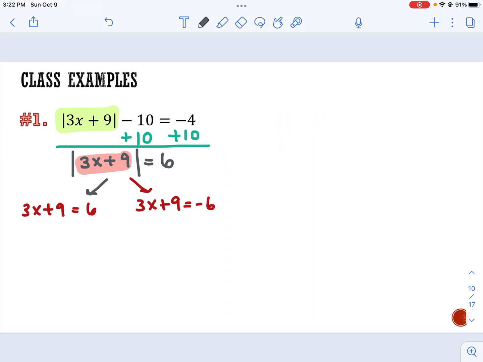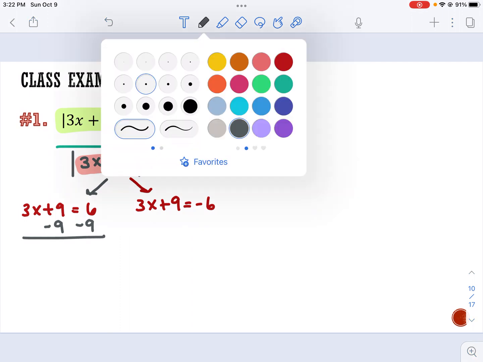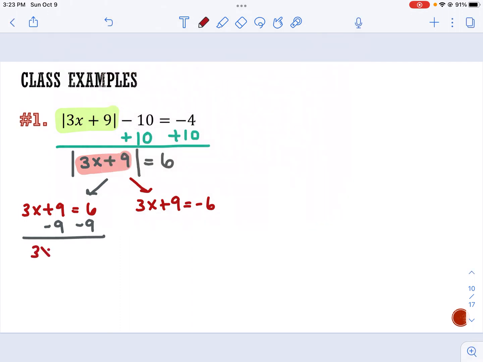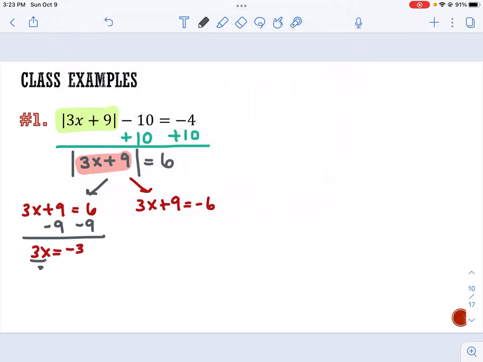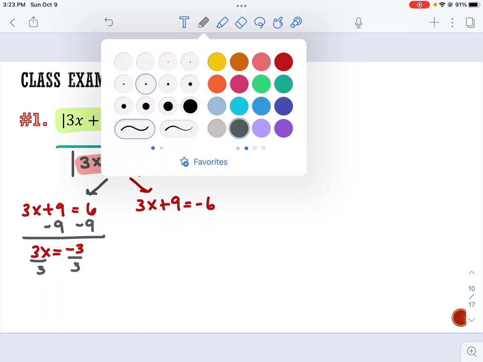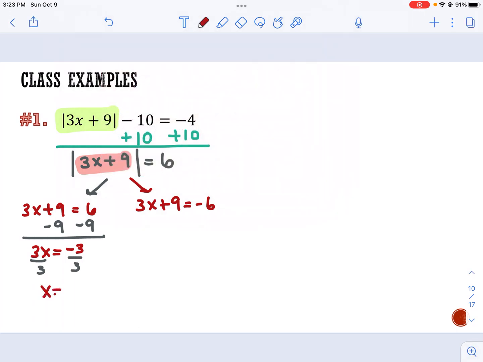Once we set up both equations, we're now going to start to solve them. On the left-hand side, 3x plus 9 equals 6. I'm going to subtract 9 on both sides. I'm going to go through all these steps and solve out that entire equation. 3x equals negative 3. Divide both sides by 3. And then my final answer here is x equals negative 1.